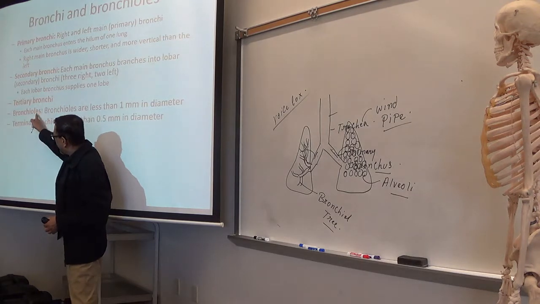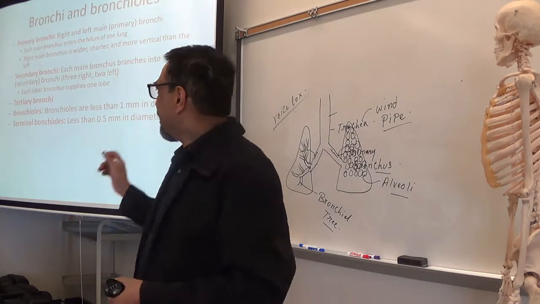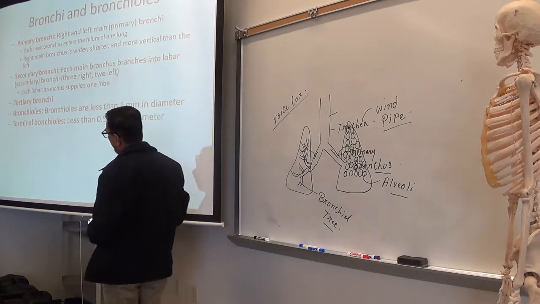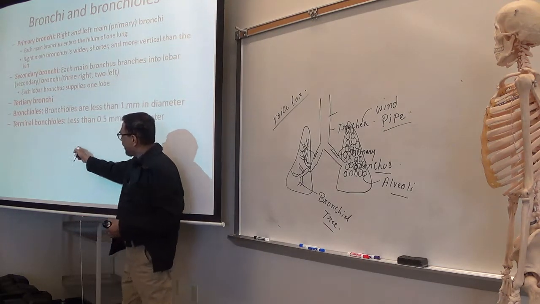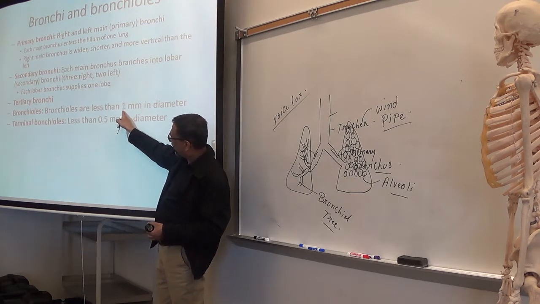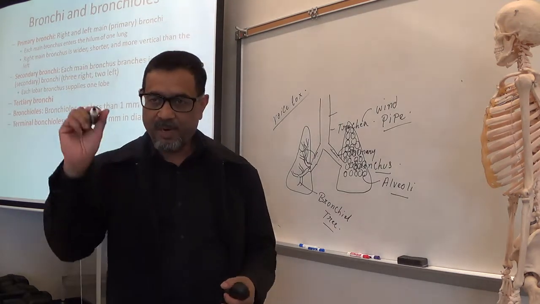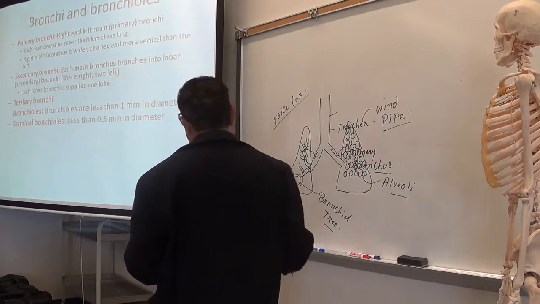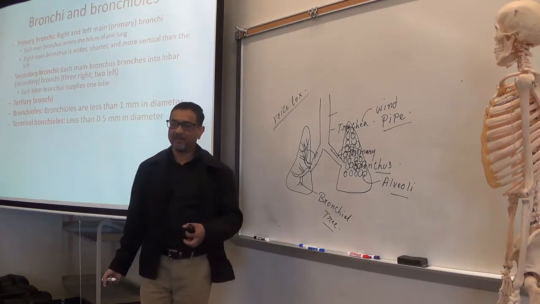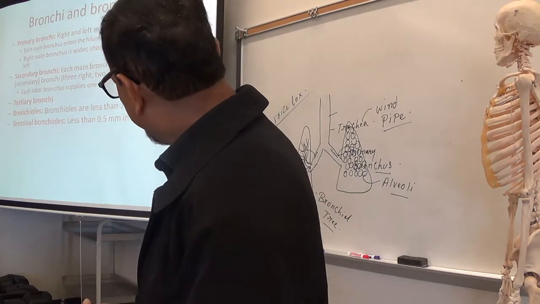The tertiary bronchi divide into bronchioles, and then bronchioles branch again to form terminal bronchioles. The diameter of a bronchiole is less than 1 millimeter, and terminal bronchioles are even smaller, less than half millimeter diameter. So very narrow, you can think.